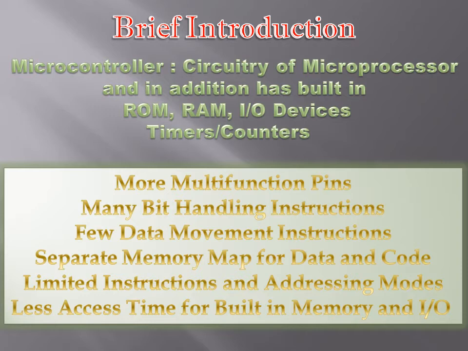They have limited data movement instructions, and have a separate memory map for data and code. So there are limited instructions and addressing modes. Less access time is involved because of built-in memory and I/O devices.